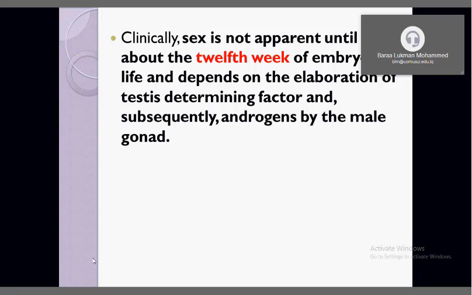If this enzyme is deficient, or the receptor for the substance is absent, or testosterone from the start is not present, there will be no masculinization of the external genitalia, and it develops as a female, even if the sex of the embryo is XY, or even if there is a testis.